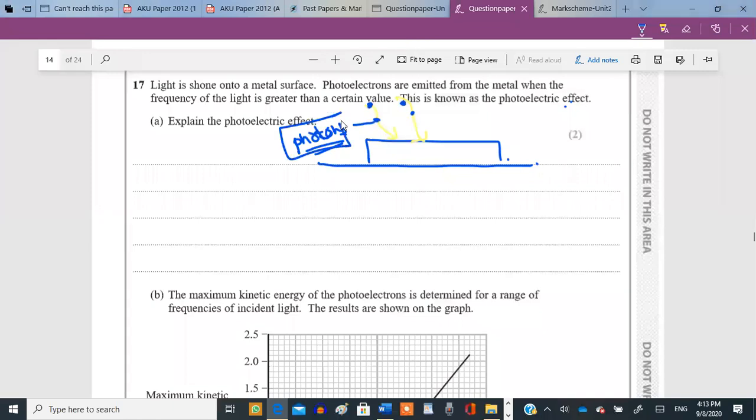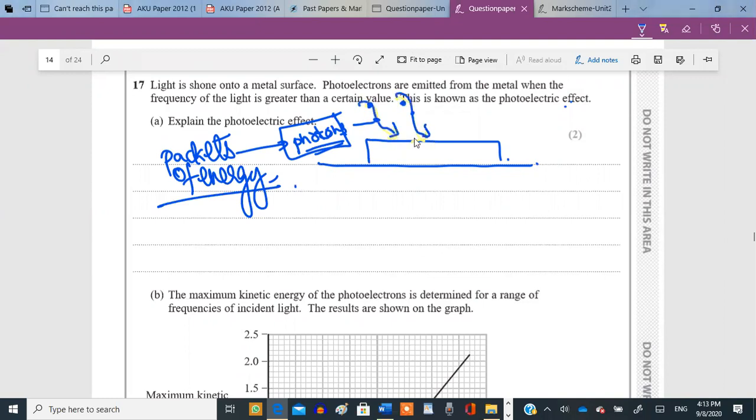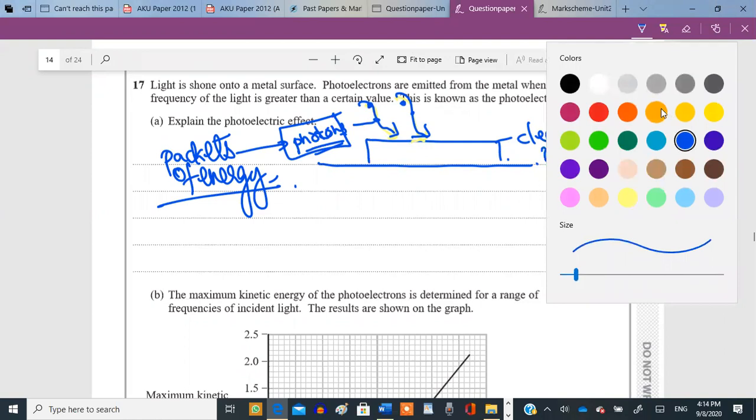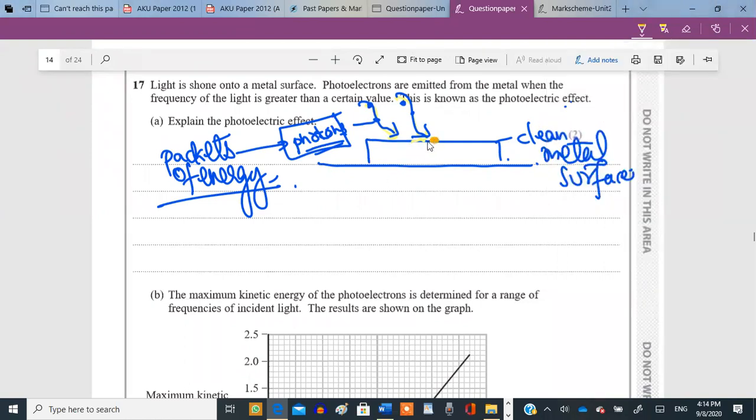Yes, they are called photons. These are packets of energy. When these photons are incident upon a clean metal surface, since they are also particles, if certain electrons are present on the metal surface, these photons are absorbed by the electrons and cause the electrons to be emitted with a certain kinetic energy.